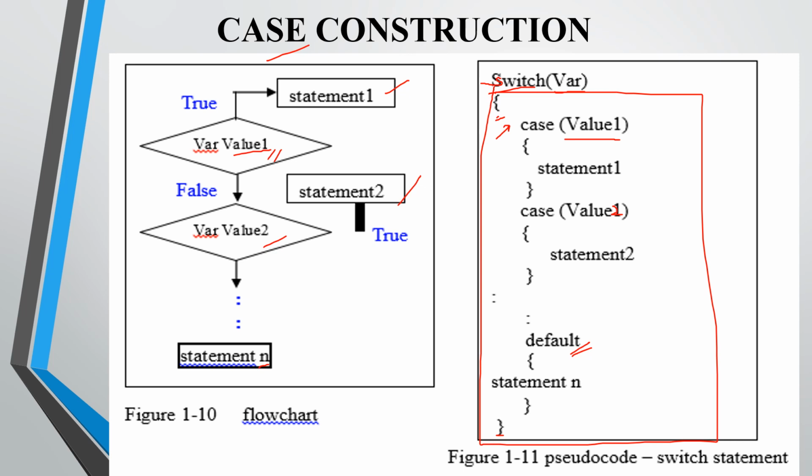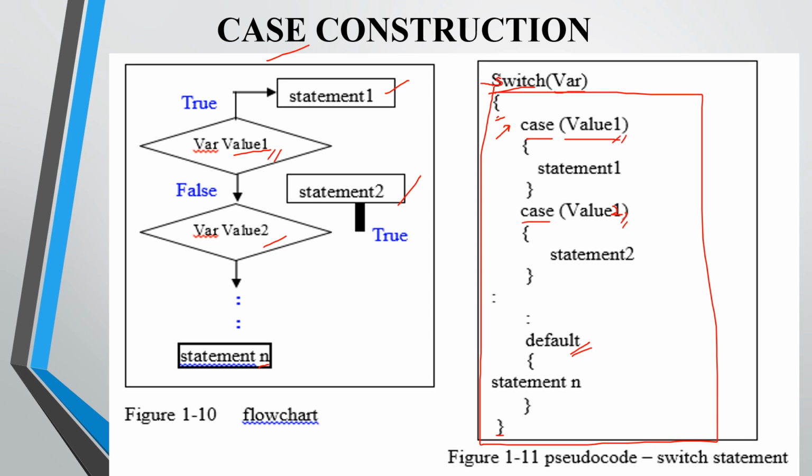The only difference in our pseudocode is that we don't use the colon, and we don't use the semicolon. So you don't have to specify the semicolon and the colons. Okay, so just specify the keyword case and then the values.